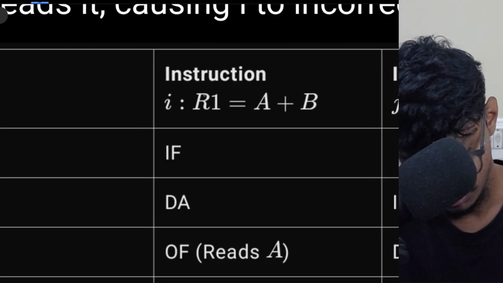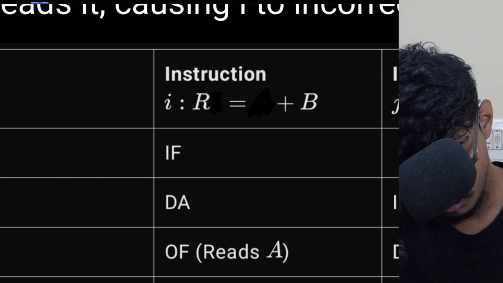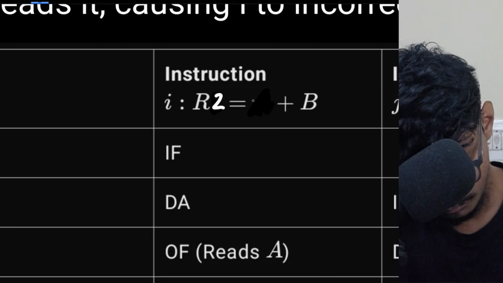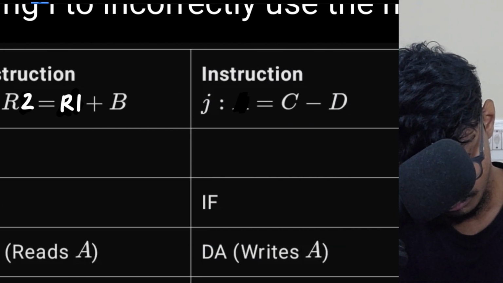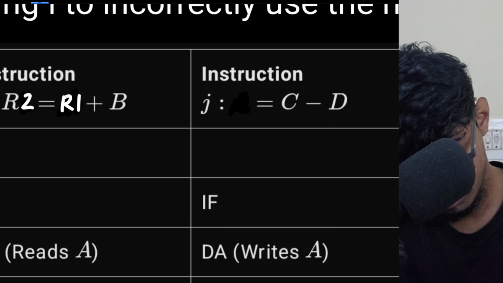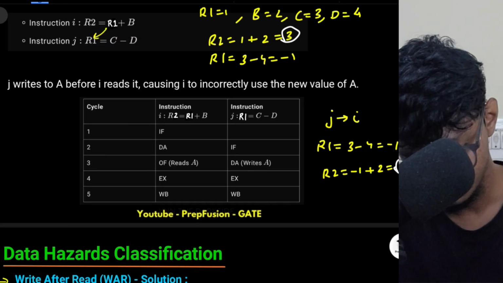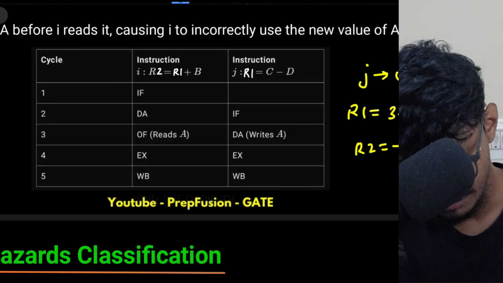A lot of things are wrong. Okay. So R1 equals C minus D. So here what is happening, is it a problem?